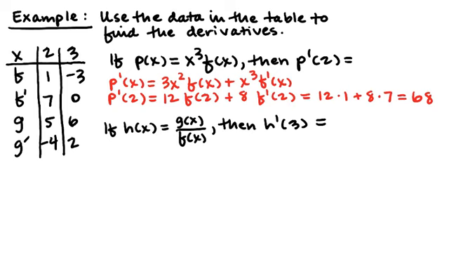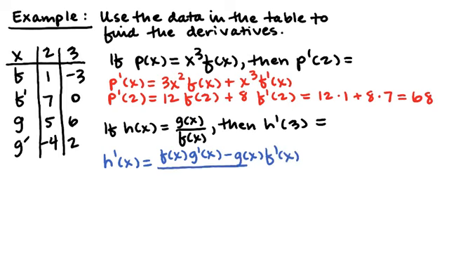Okay? Because if h of x is g of x divided by f of x, then h prime of 3 is what? Well, just like before, I'm going to need to find h prime of x using the quotient rule. So it's bottom times the derivative of the top minus the top times the derivative of the bottom divided by the bottom squared.